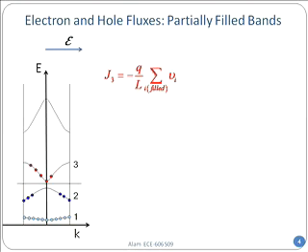In this case, you have more electrons going to the negative side compared to the positive side, you can easily see, and as a result, the current will no longer be zero. What precise value it is, we will calculate later on. But the point is that in a partially filled band, the current will not be zero.